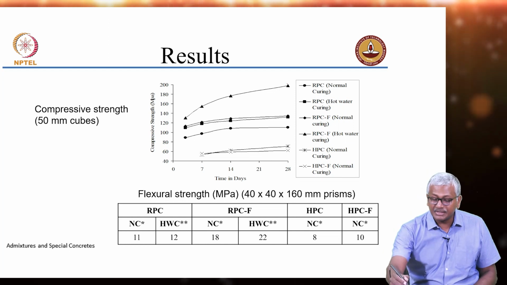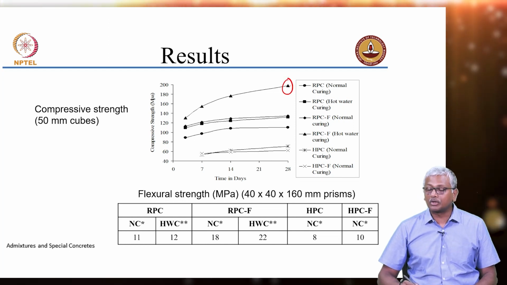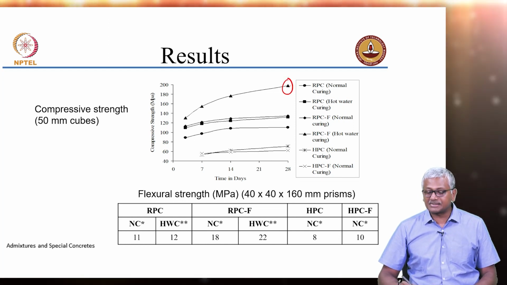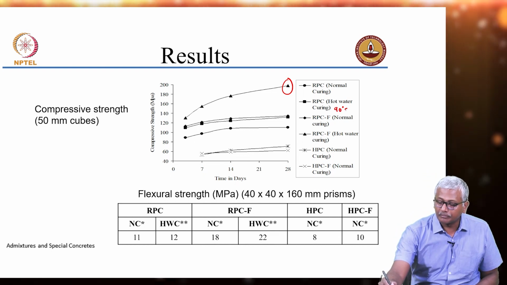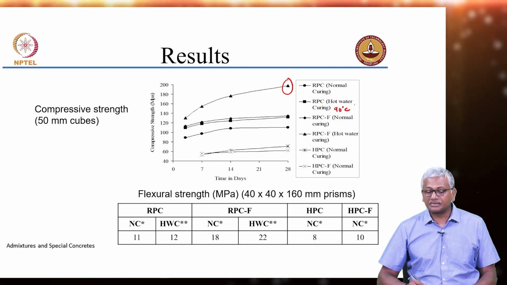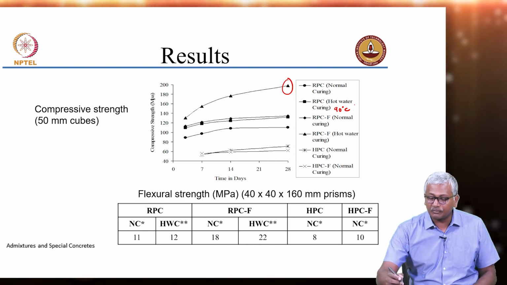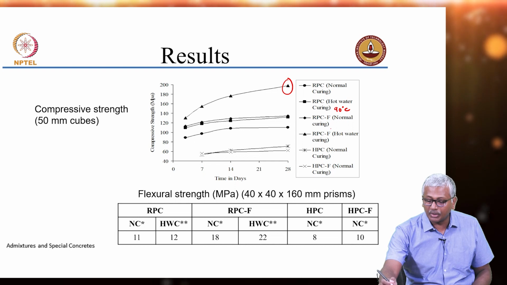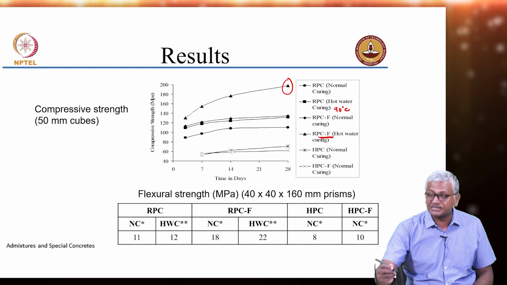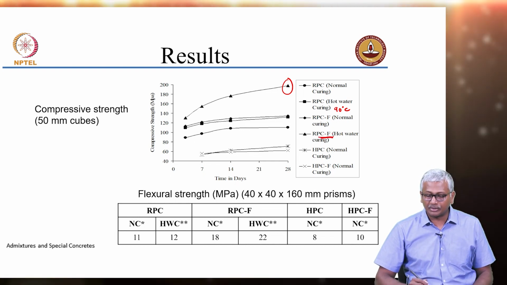So, the results you can see that with hot water curing at 90 degrees Celsius at 28 days, we could achieve close to about 200 MPa strength. The same concrete without any hot water curing. So, this is the RPCF, that means the RPC with fibers in hot water curing.